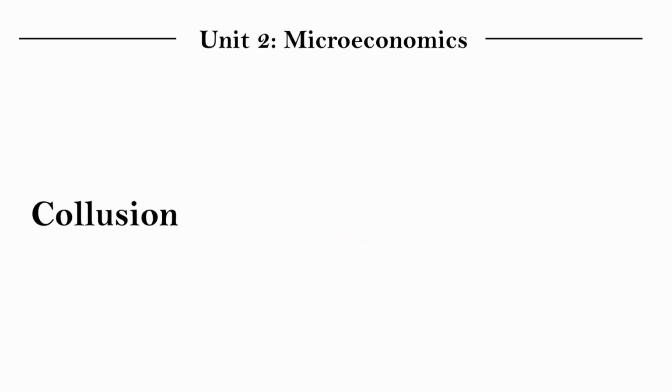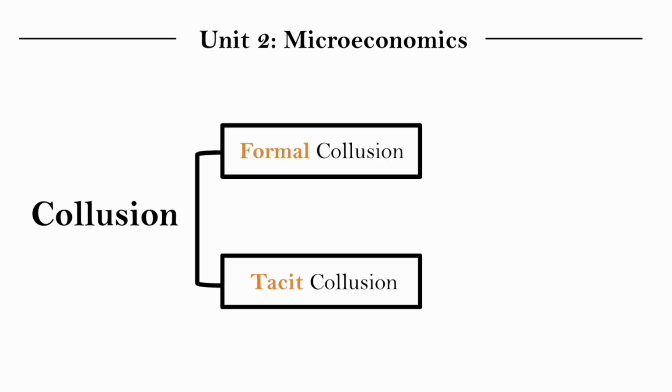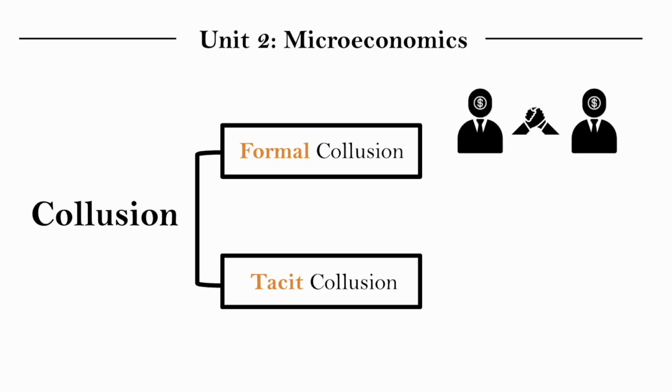If we look at collusion in a bit more detail, there are two types of collusion, formal collusion and tacit collusion. You need to know what each are, and formal collusion is like the example we talked about earlier. Firms gather together and explicitly agree to fix prices. And dropping two examples of formal collusion here, the illegal example where firms did this and got caught was the France perfume industry, which I think happened in like the late 90s.